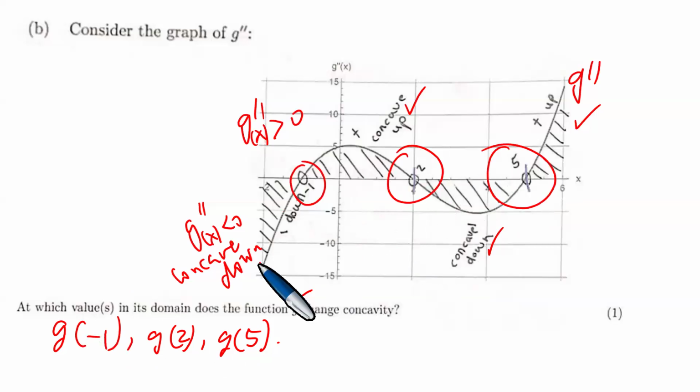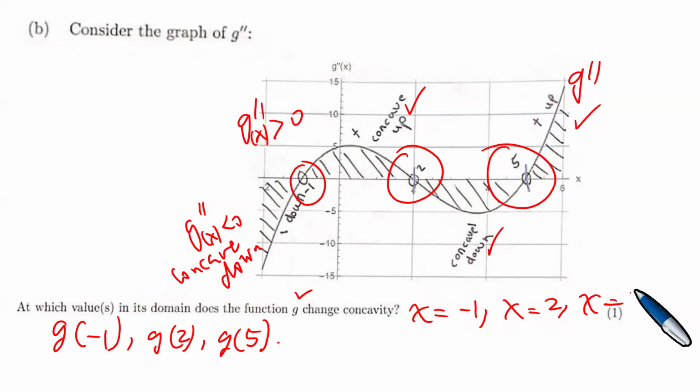We really can see that there are changes in the concavity there, because it's concave down, then concave up, then concave down. So there's a change from up to down concavity, and here it's concave down, then it becomes concave up. At which values in its domain? Obviously this happens at x equals -1, x equals 2, and also x equals 5.